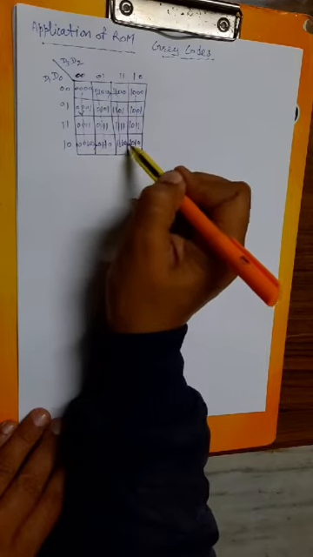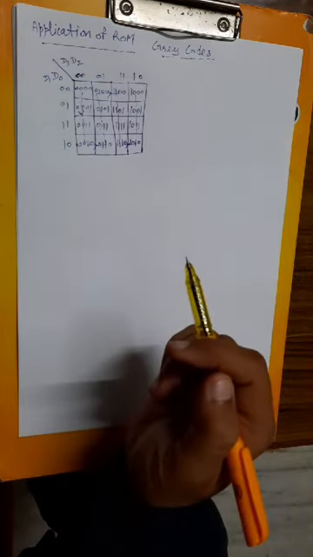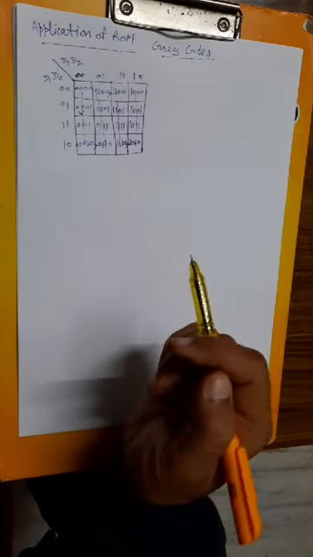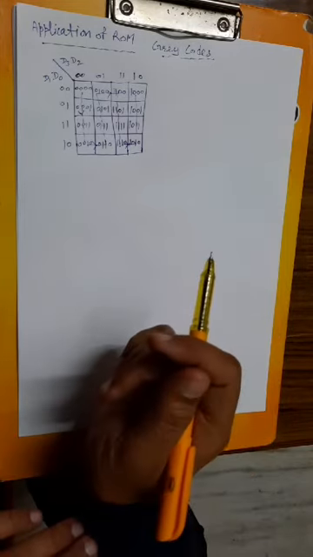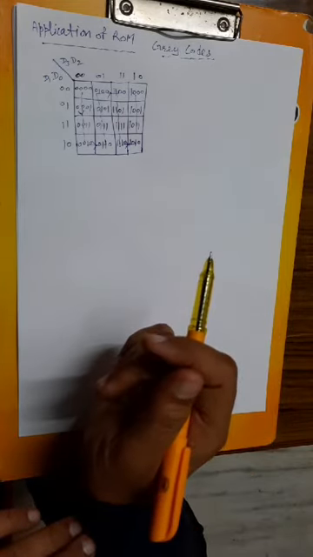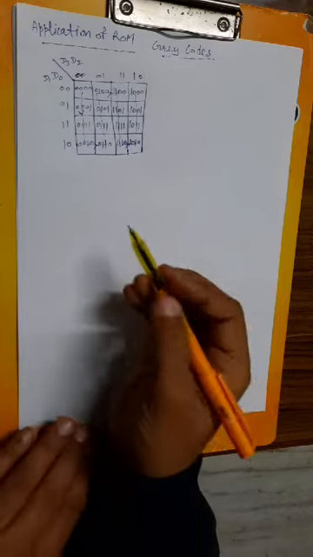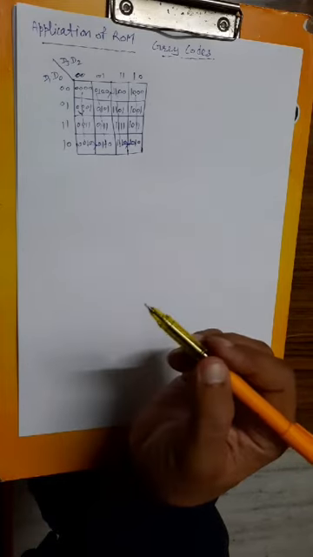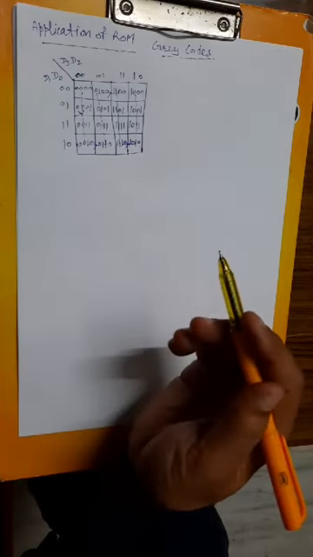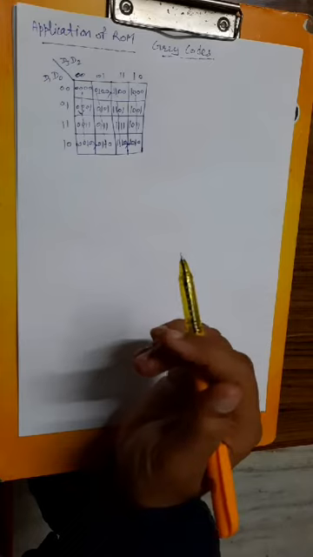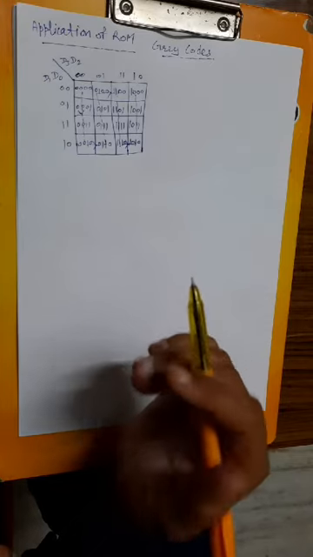So we write the table because the application we are making using ROM is a binary to gray code converter. Firstly we have to write the table of all the combinations of binary codes and gray codes.